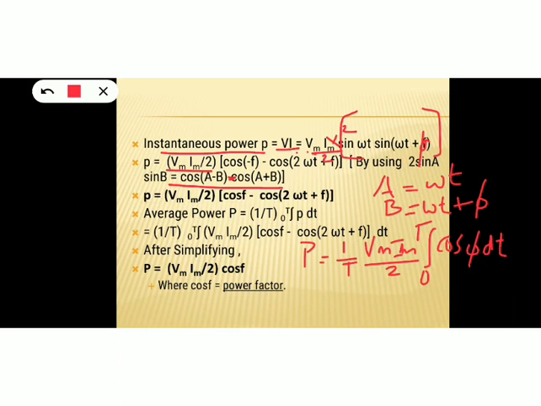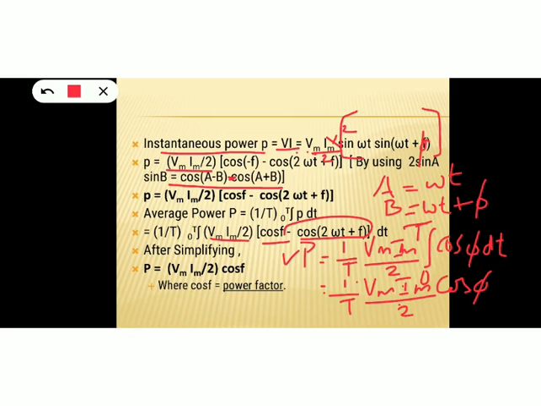After simplification, Vm Im by 2 is constant, so take it outside the integral. Then we are left with power P equal to 1 by T, Vm Im by 2, integral 0 to T of cos phi dt. Here, the integral of cos(2 omega t plus phi) will be 0, so no need to substitute that expression. Again, cos phi is a constant, so take it outside the integral. So you will get 1 by T into Vm Im by 2 cos phi, then inside the integral we have dt.